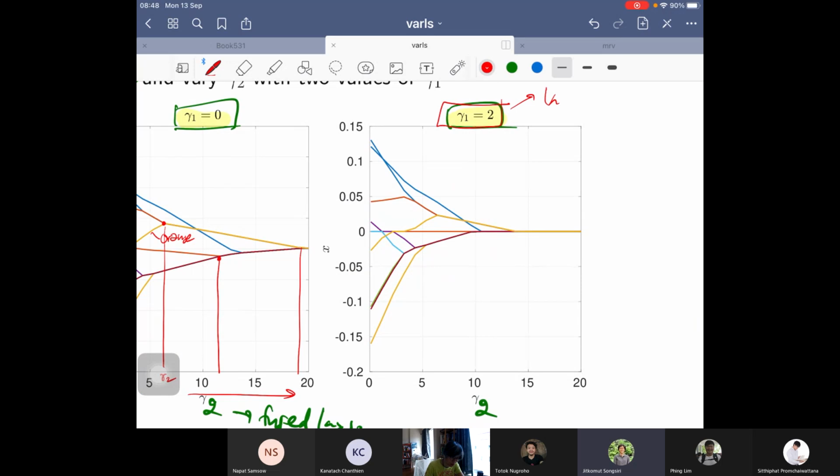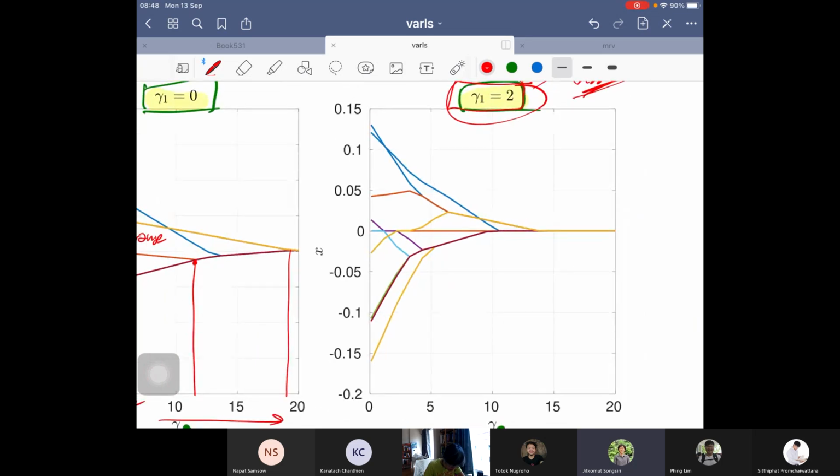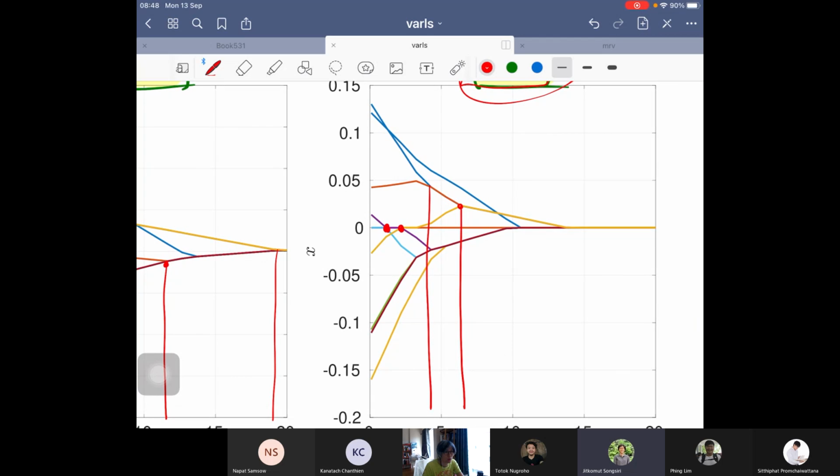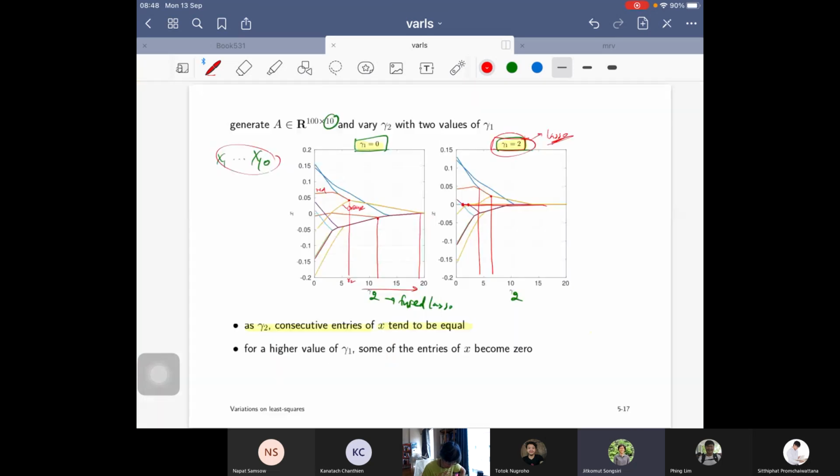Gamma 1 is the penalty of the Lasso term, which means not only do you want consecutive entries to be equal, but you also want individual variables to be 0, because that's a feature of the Lasso term. So in this picture, not only do some pairs become equal, but some variables become 0, where the solution path lies on the 0 value.